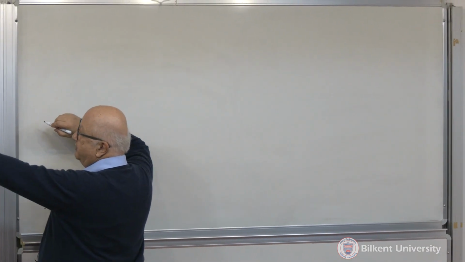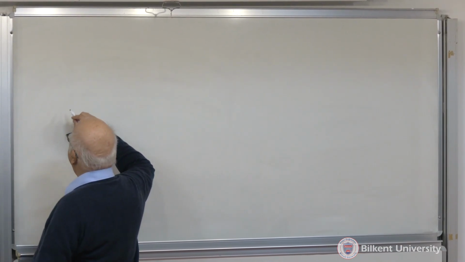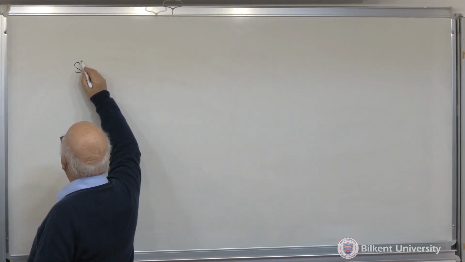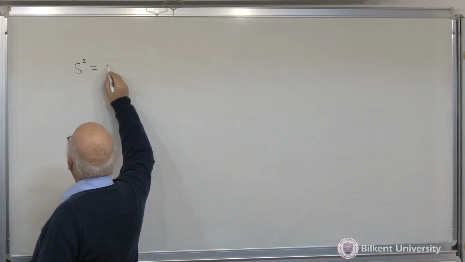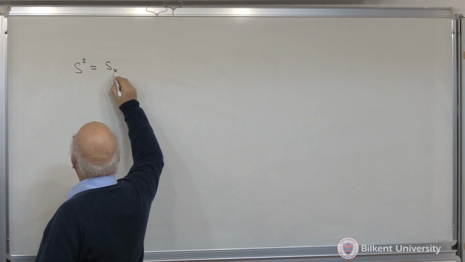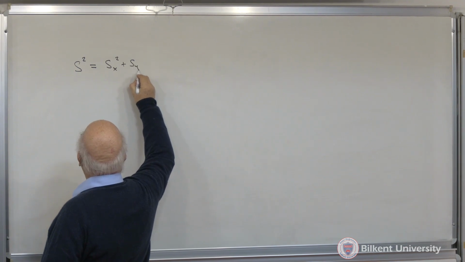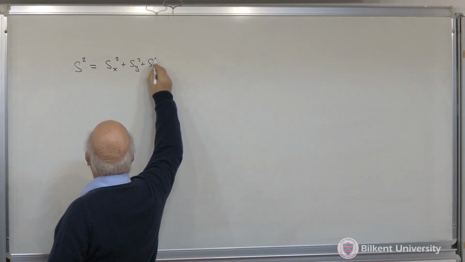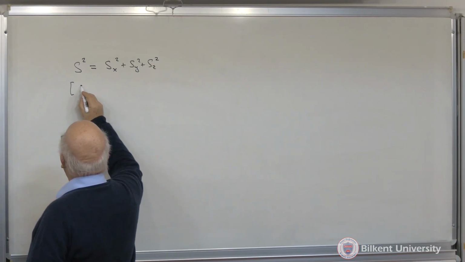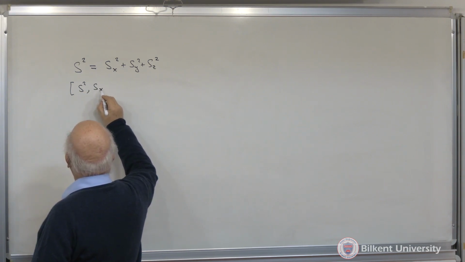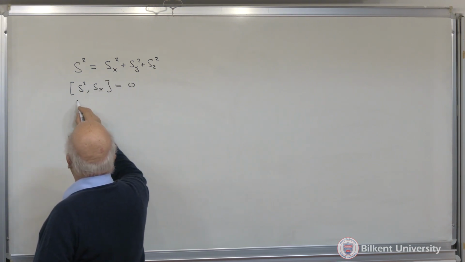We say that based on those commutation relations, I can construct a total spin operator, which is going to be Sx squared plus Sy squared plus Sz squared. And all of these components commute with it.